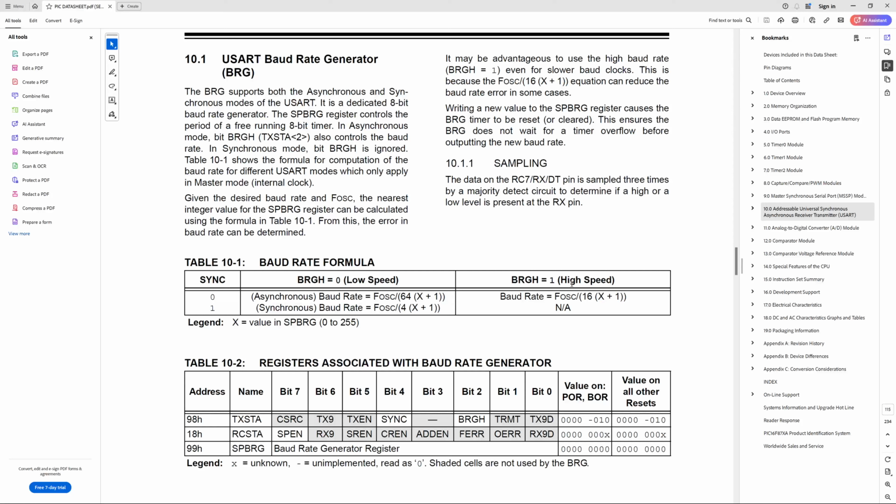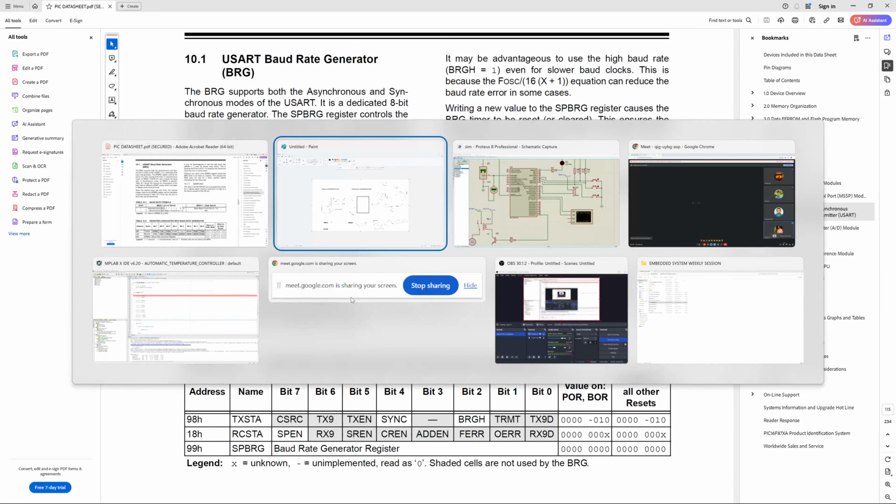If you keep 1 over there, your calculation equation will become like this. So it is based on the crystal frequency. Right now I am using a comparatively lower frequency, that is 11.0592 megahertz, so I am going to keep BRGH equal to 0.